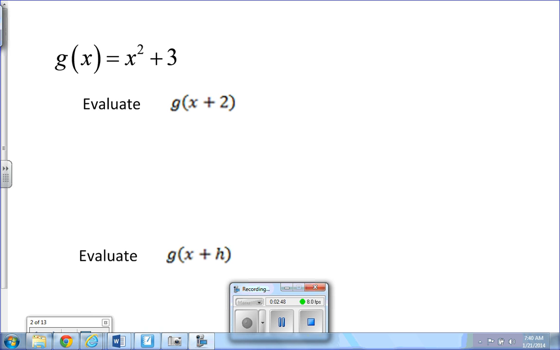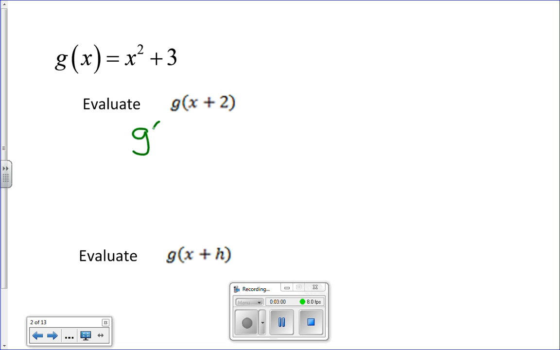Sometimes they'll ask us to evaluate algebraic expressions in functions. Here's a good example. Let's take g from the previous slide and evaluate g of x plus 2. I'm going to replace that x with x plus 2. g says to square the input and add 3.